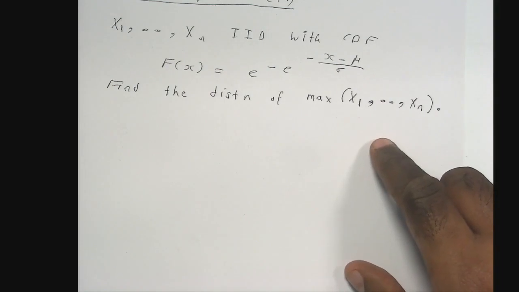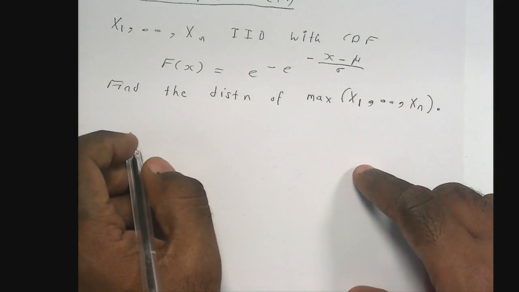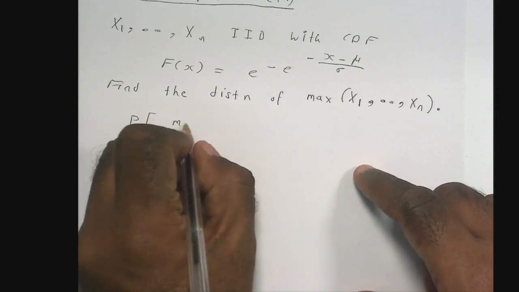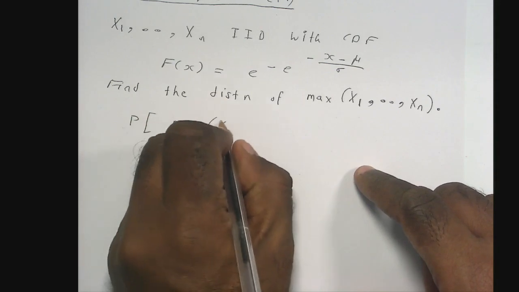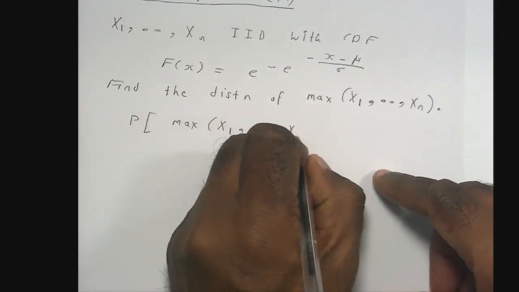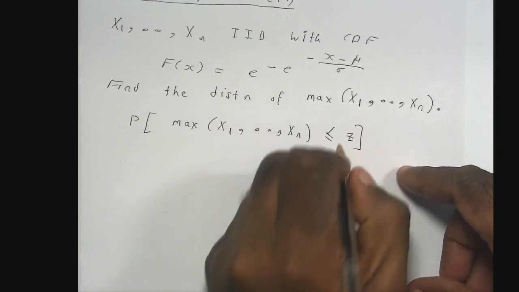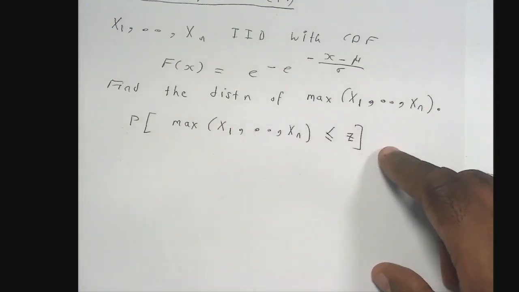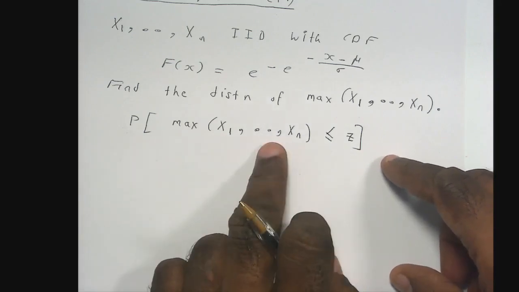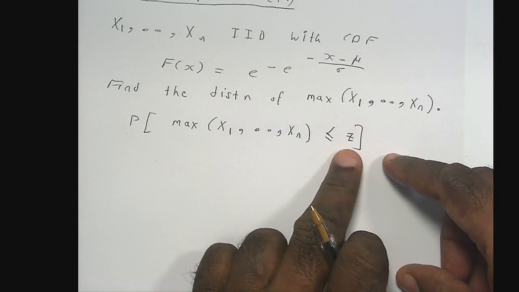So what do you do? You start with the statement: we want to find the distribution of the maximum. We need to find the CDF of it, right? So the CDF is the probability that the max of x1 to xn is less than or equal to some number, let's call it z.